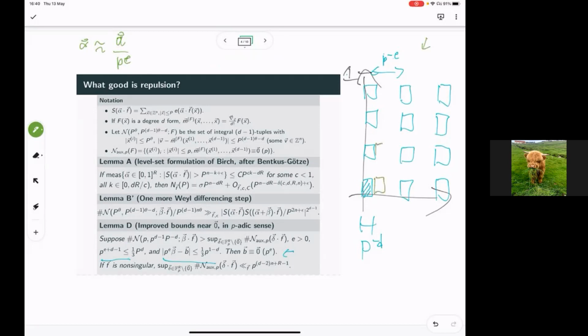And so I mentioned that the strategy to actually show that the part of the unit hypercube on which this exponential sum is large is not so large is to tile the unit hypercube with translates of this p-adic neighborhood of the origin, and by using a modified Weyl differencing step, one can show that for each of these translates, there can be only one of the little boxes on which the exponential sum is large, if one sets up all the parameters correctly.